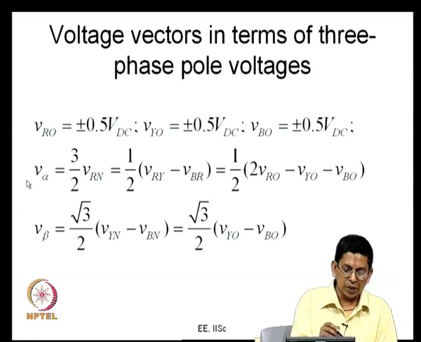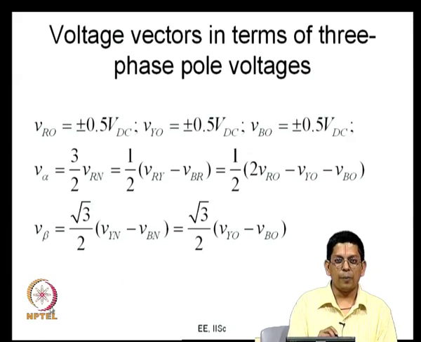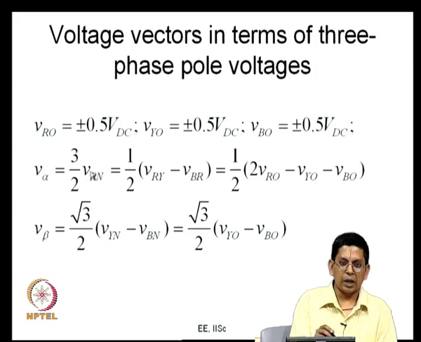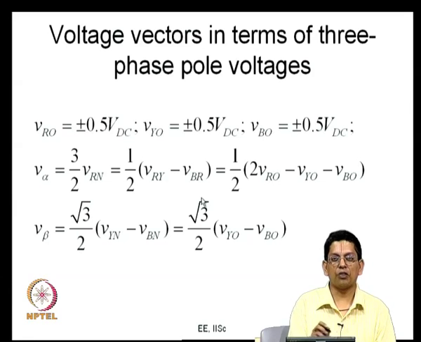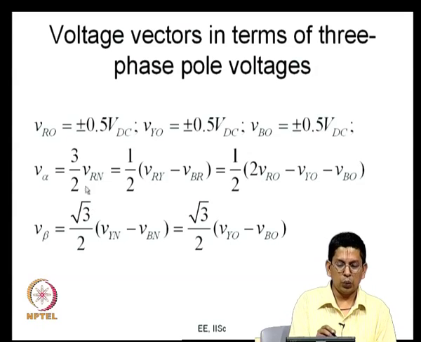So, now the space vector transformation is V alpha is equal to 3 by 2 times VRN. What is this VRN? You can express this in terms of VRY and VBR. VRN can be taken as 1/3 of VRY minus VBR when you talk of balanced loads. So, your 3 by 2 VRN becomes half of VRY minus VBR. So, once you have this, VRY is VRO minus VYO.